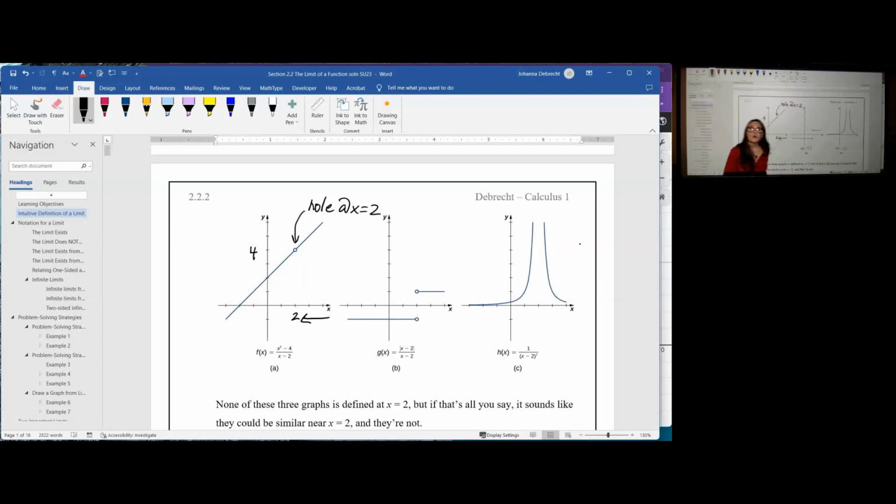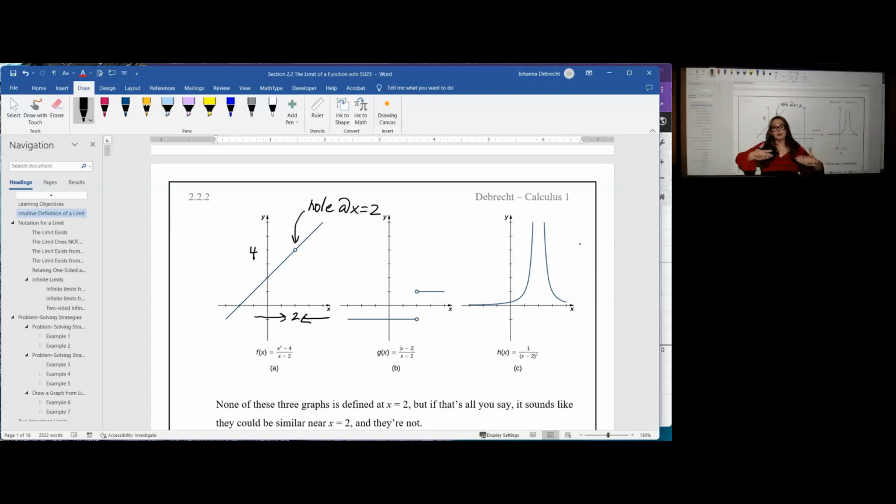Now, what about from the left, the other one-sided limit? If I'm approaching 2 from the left, the x values are getting closer to 2, 1.9, 1.99, 1.999, very close to 2. Then it looks like the y value is again 4. This gives us what we call the two-sided limit.